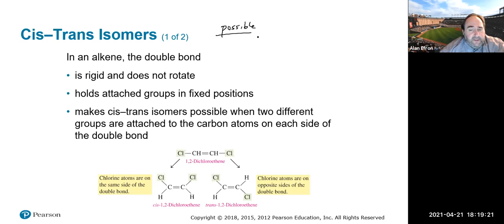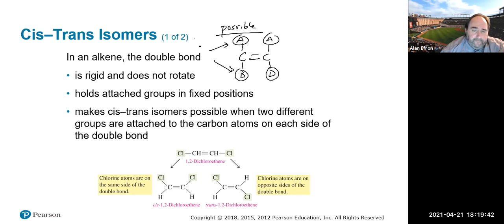For a cis and trans isomer to be possible, the first thing that you need to double check is, when you look at the carbon in each of the double bonds, does it have two different groups? So for example, this carbon has group A attached to it and group B. A and B are different things, so that's good for it to be a cis or trans.